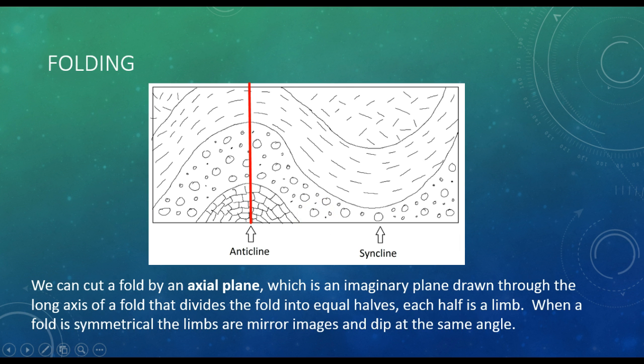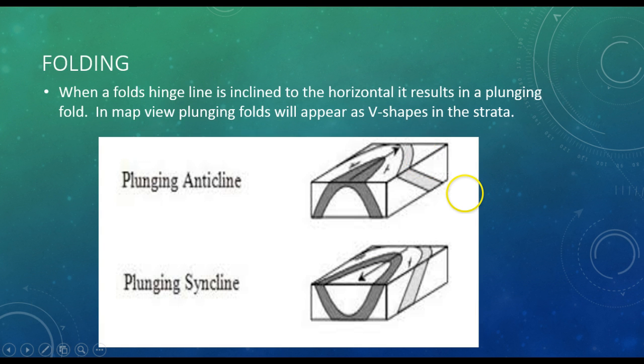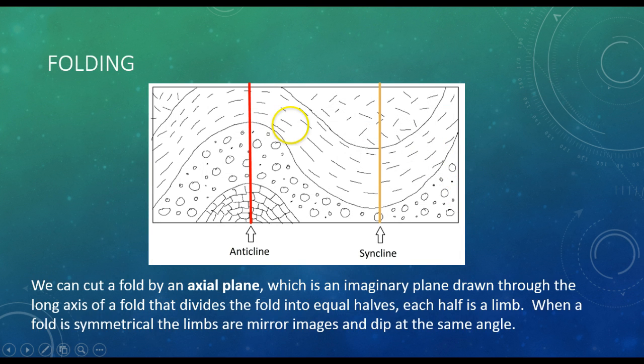When the fold is considered symmetrical, the limbs are going to be mirror images of one another, and they dip at the same angle. On the other side, for the syncline, I've drawn in another axial plane. We can see our limbs on either side, and our limbs are pretty much dipping at the same angle.